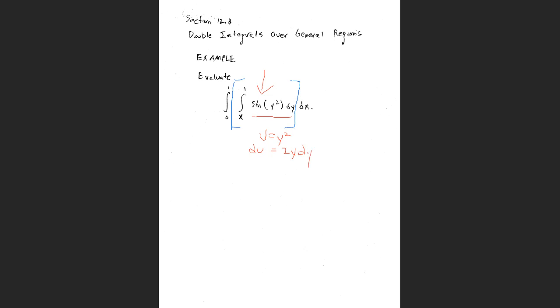And so, sure, the sine of y squared is taken care of, but what's left is just a dy. I don't have a 2y dy. So good try, Robin, but I don't think that's going to work. But I appreciate your try there. Robin was going for that Fields Medal, right?